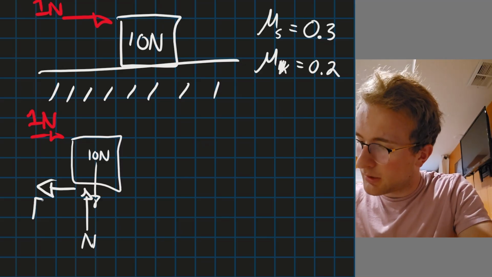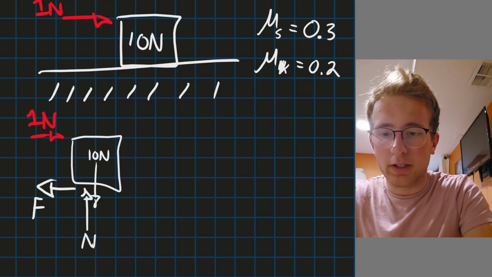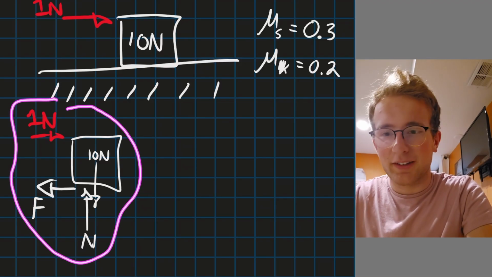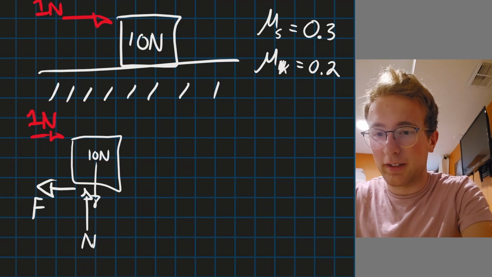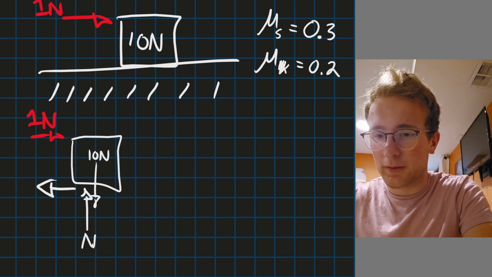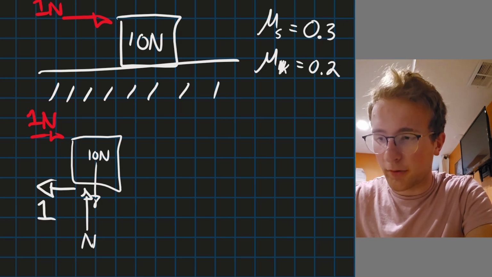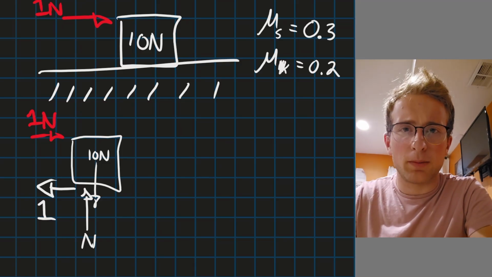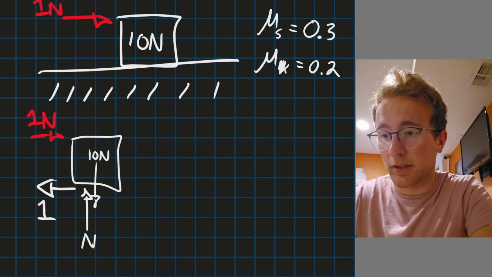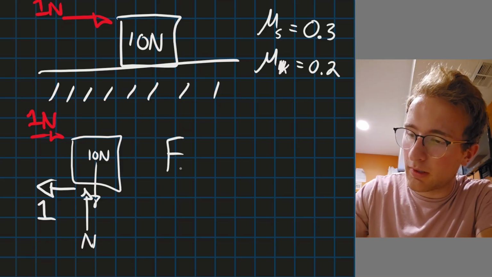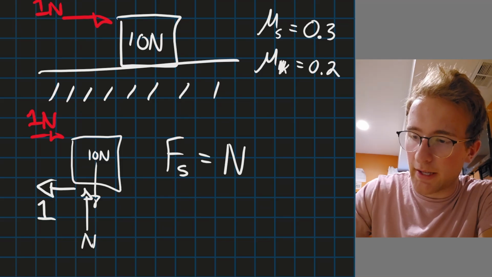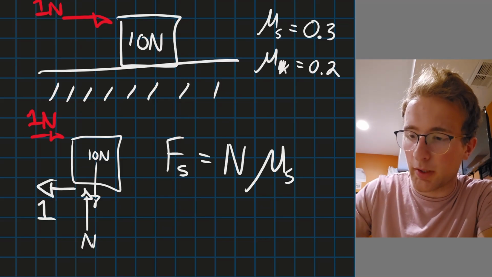Okay, I'm going to call this F. In order for this box to be static, it's pretty clear that F must equal 1. So the frictional force must be equal to 1. But there is a maximum amount of friction that can be exerted. The maximum amount of static friction that can be exerted is N times mu s.